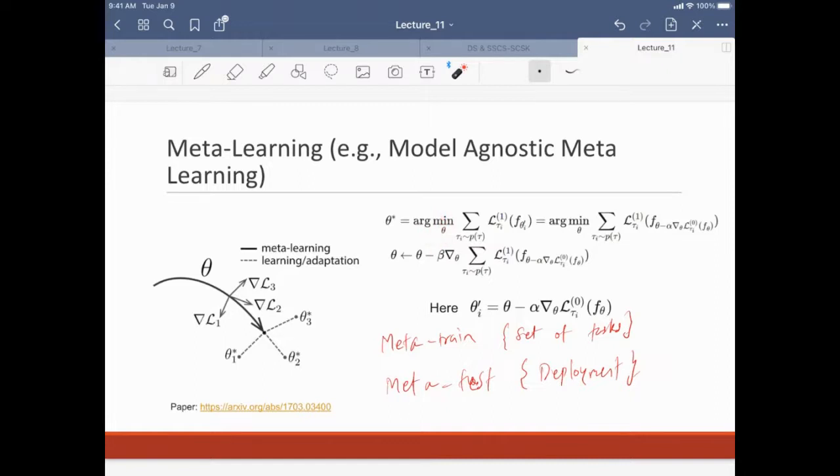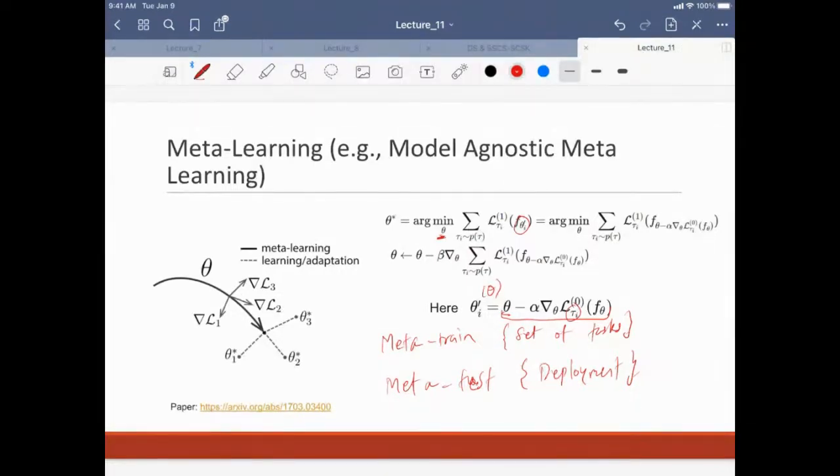Okay, so this is related to what we will see a little bit later, which is called bi-level optimization, right? And the basic idea is that given my theta, I create a theta prime, which is theta minus this one gradient step on my task tau i, right? So this theta i prime itself is a function of theta, right?